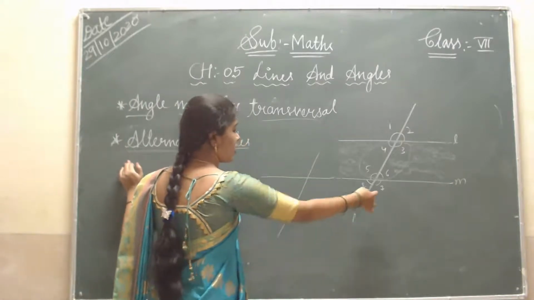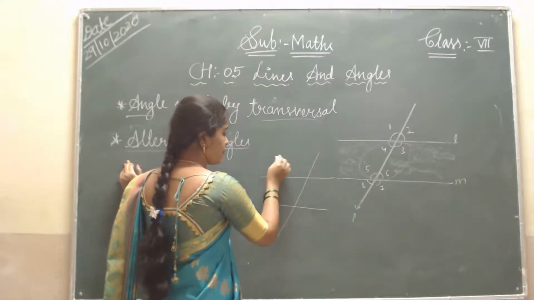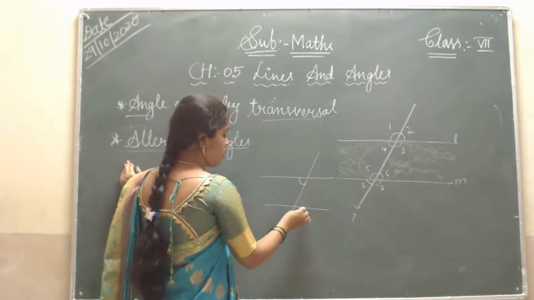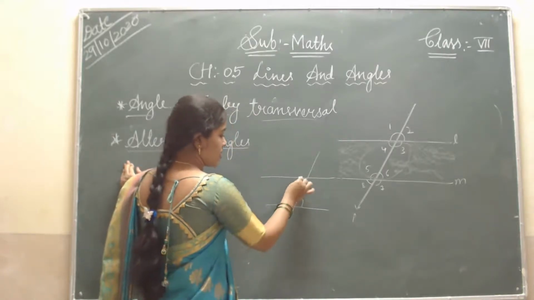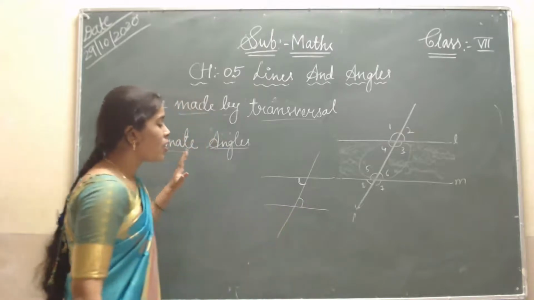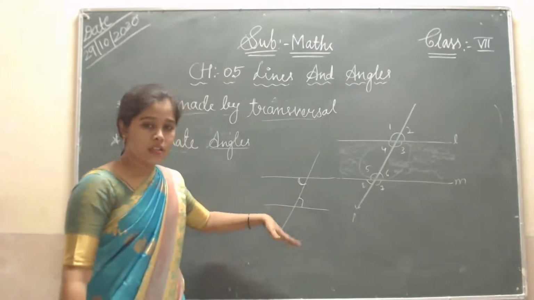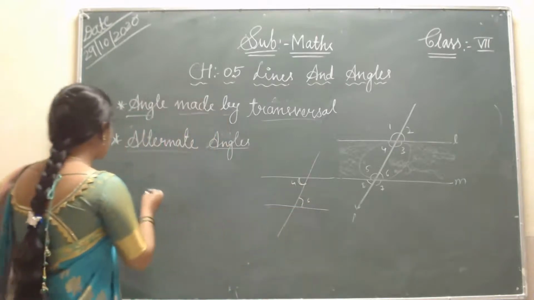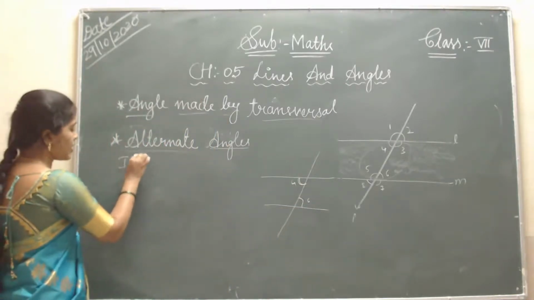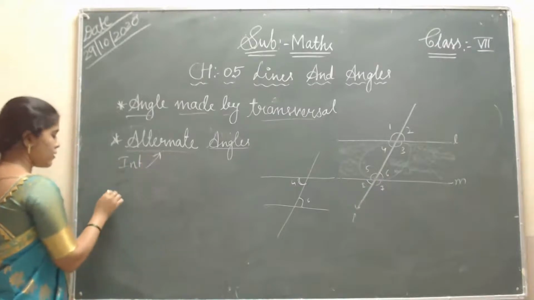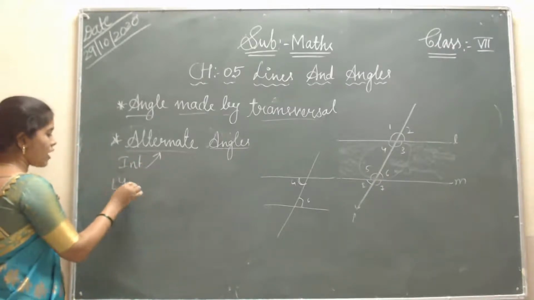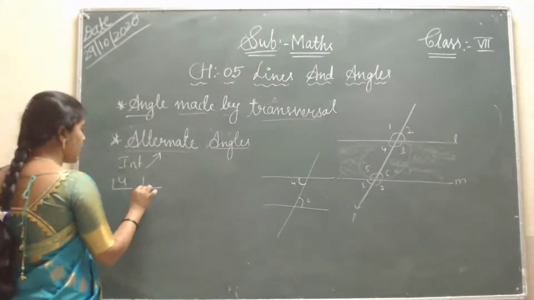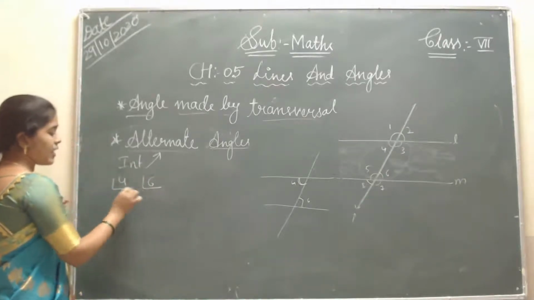We'll draw this diagram here. 4 and 6. See here. Interior means inside. Don't look at the outside angles. Inside, that is 4 and 6. Interior alternate angles: first angle 4 and angle 6. Angle 4 and angle 6 are interior alternate.